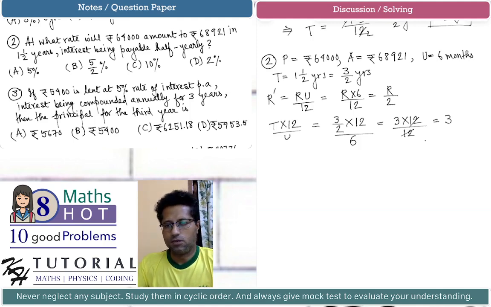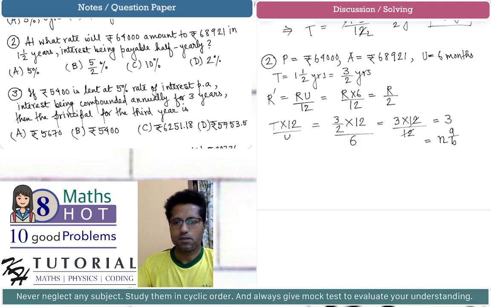Now T multiplied by 12 divided by U should be expressed as a mixed fraction n and a by b. So n is equal to 3 and the fraction a by b is equal to 0.